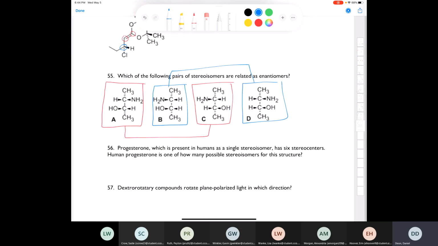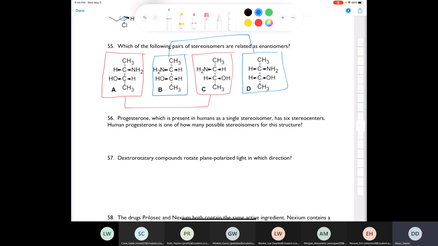All right, progesterone, which is present in humans, is a single stereoisomer, has 6 stereocenters. How many possible stereoisomers are there? The number of possible stereoisomers is equal to 2 to the power of n, where n is equal to the number of stereocenters.